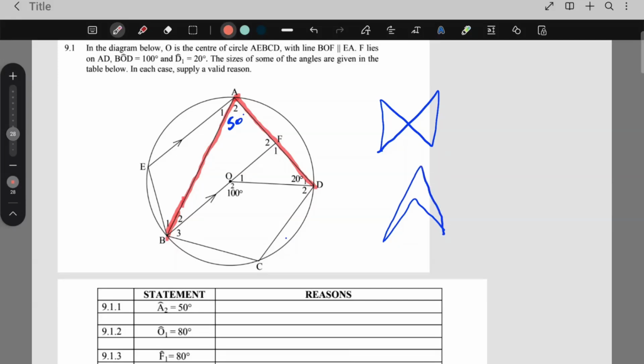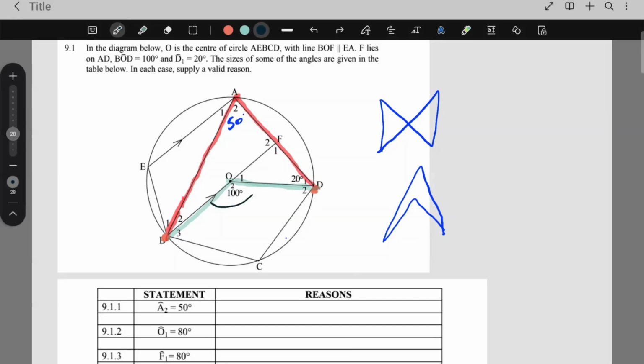I landed at B and D, so I move to the center O. O is the center, so there I see angle at center twice angle at circumference.